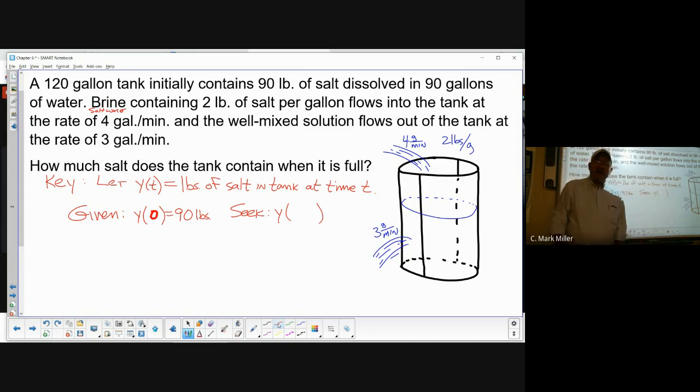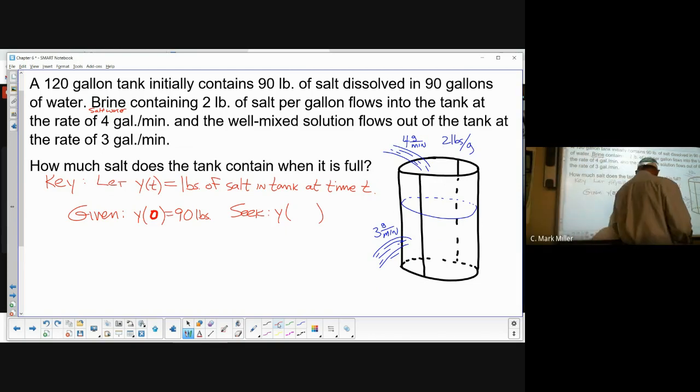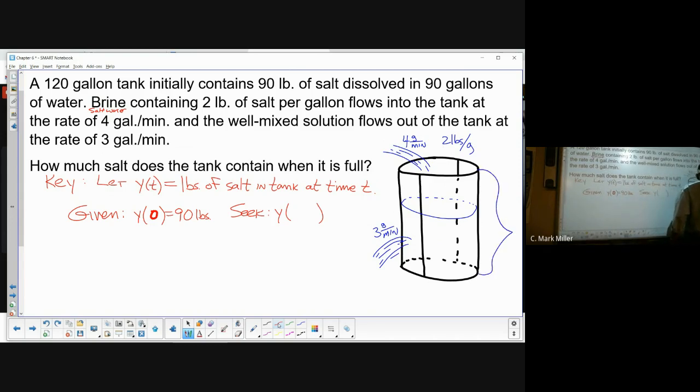Now, how long will it take to fill the tank? Well, you have 90 gallons in it now. This whole thing is 120 gallons. You presently have 90 gallons of solution in there. It's going in at 4 gallons per minute.